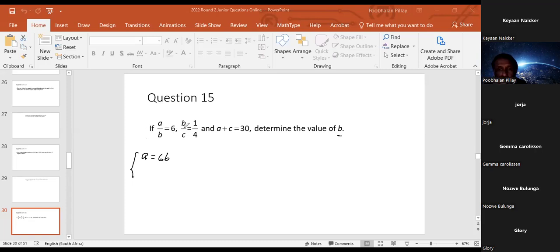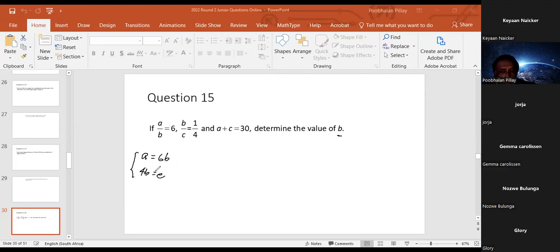When you multiply by C here, you get 4B equals C. But if you like, you can cross multiply: 4 times B is equal to 1 times C. Same thing. So now you've got two equations which look much more decent, and you've got A plus C is 30.